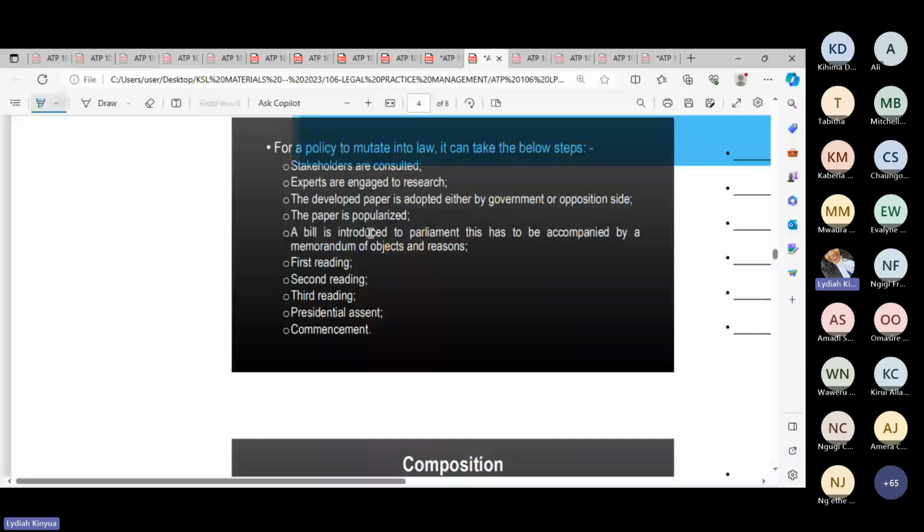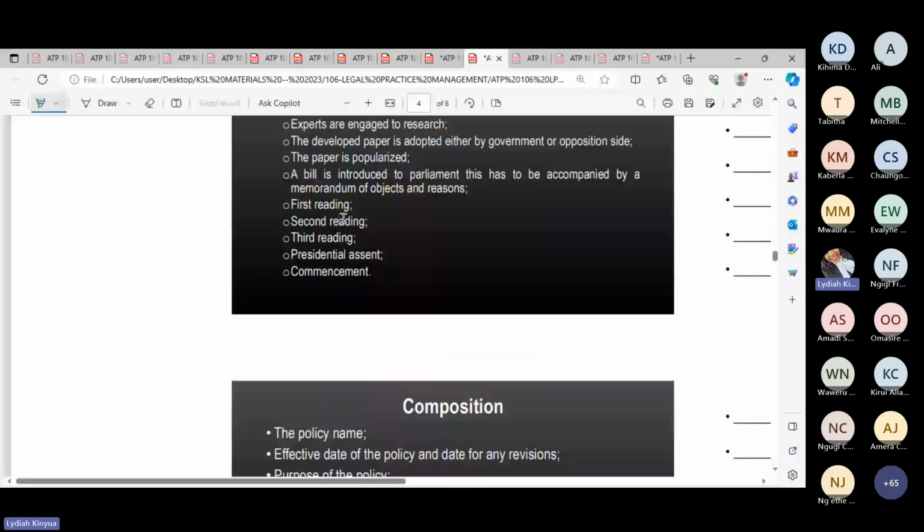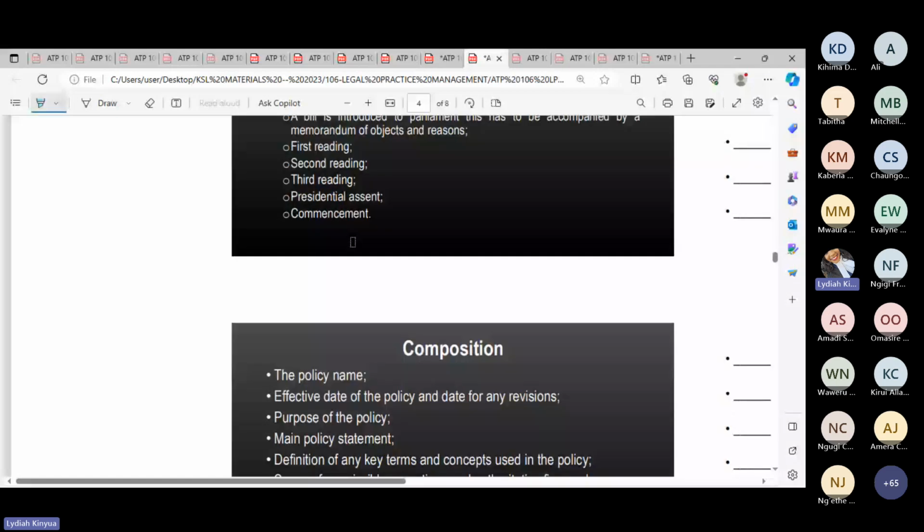Then it is popularized, and a bill is drafted and introduced to parliament on the floor, accompanied by a memorandum of objects, as you remember from your bill classes. Then first reading. This is how you basically make law: first reading, second reading, third reading or what you call committee stage, then presidential assent, and then commencement. So a bill can mutate into law if these steps are followed.